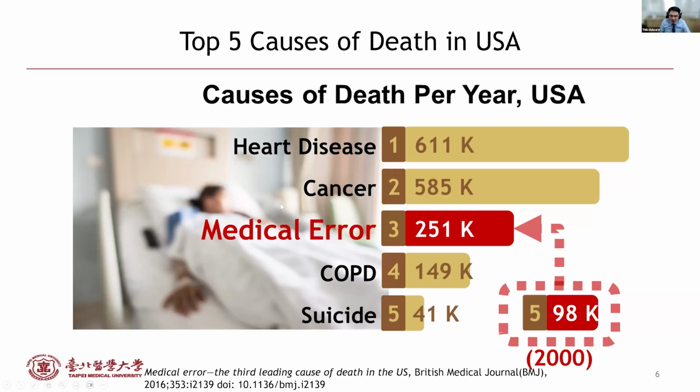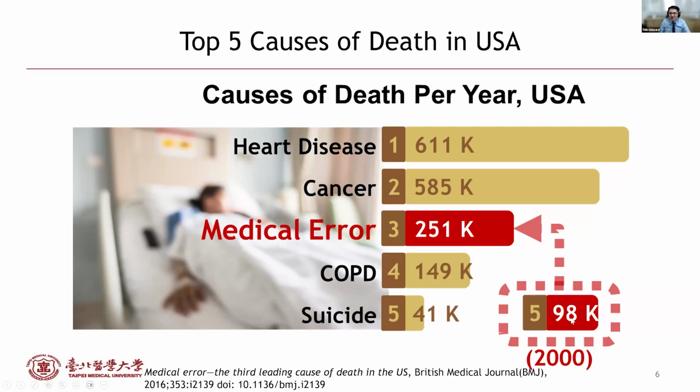Second is cancer. But the third is medical error, which induced about 251,000 patient deaths. If you go back to 2000, medical error was the fifth cause of death, and it induced only about 98,000 patient deaths.